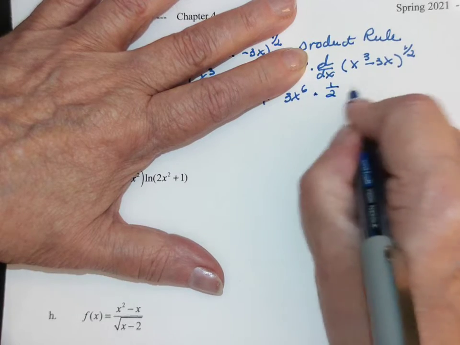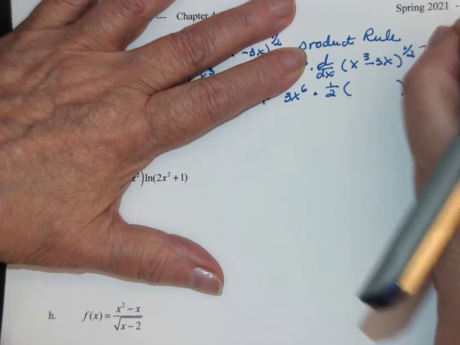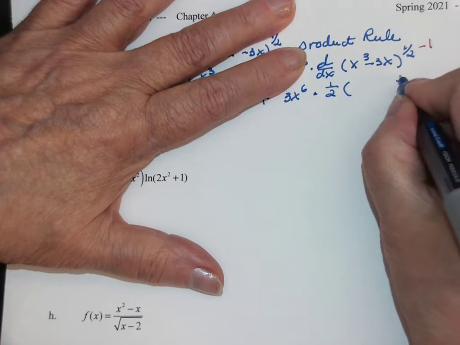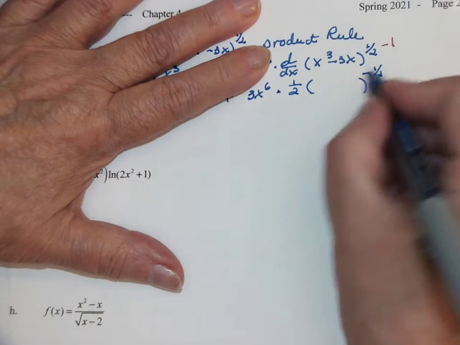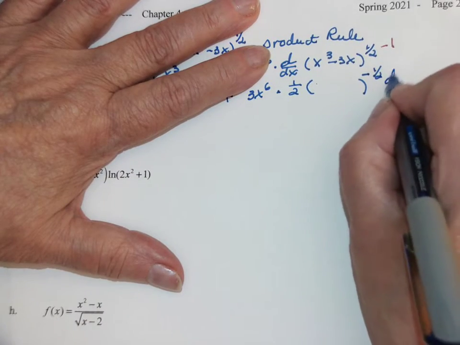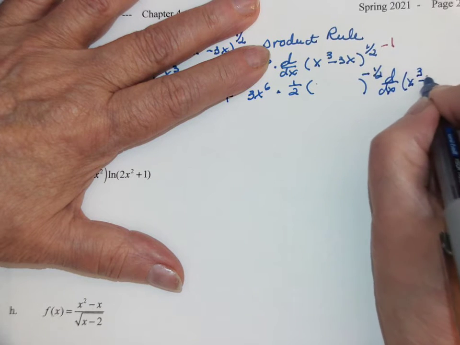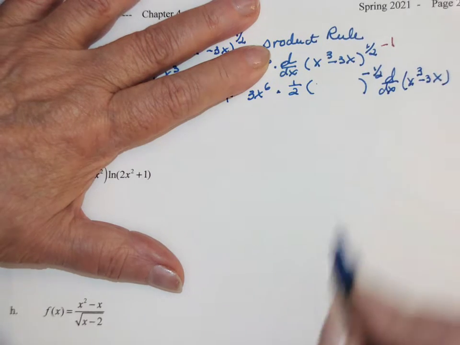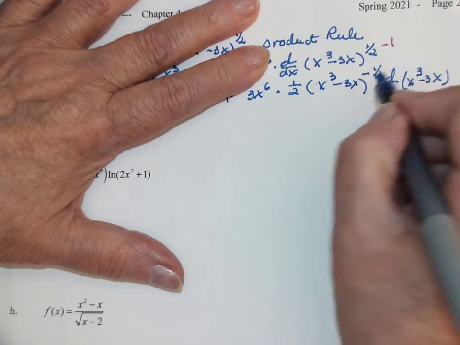So it's 1/2 times the blob, and it's going to be 1/2 minus 1, to the negative 1/2, times the derivative of the blob. So this is just x cubed minus 3x.